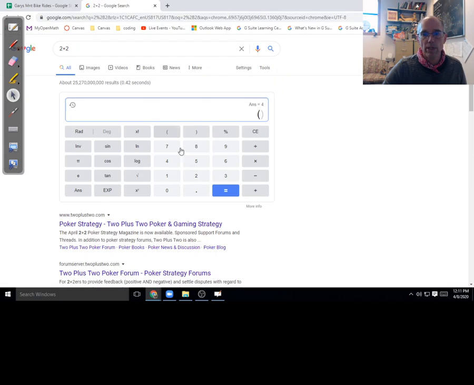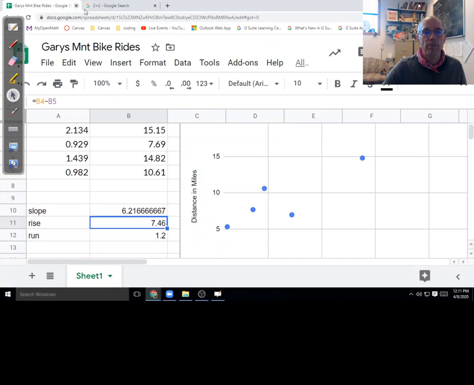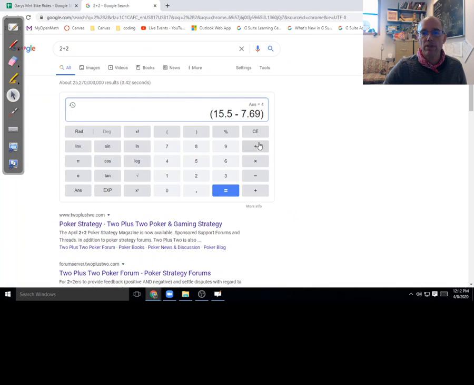So I want parentheses 15.5 minus 7.69. Let's see. Yep. And then divide by parentheses 2.13 minus 0.93. Close parentheses. And, oh, I got a different number. So what did I type wrong?